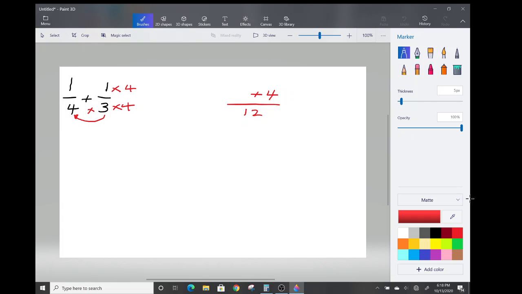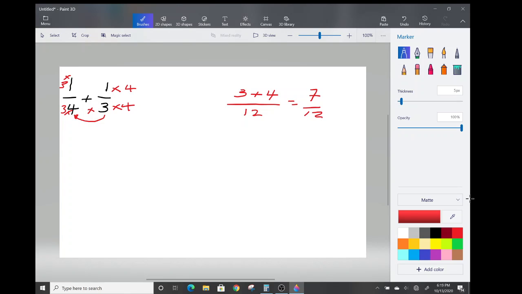We got to multiply 4 times 3, right? And what we do down here, we have to do up here. So 3 times 1 is 3. So that's 3 12ths, right? 4 times 3 is 12. 3 times 1 is 3. So 3 plus 4. So that is 7 12ths.